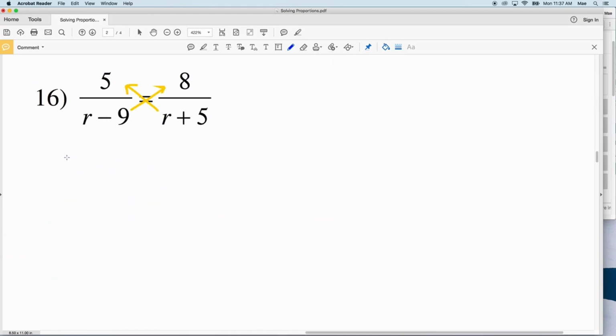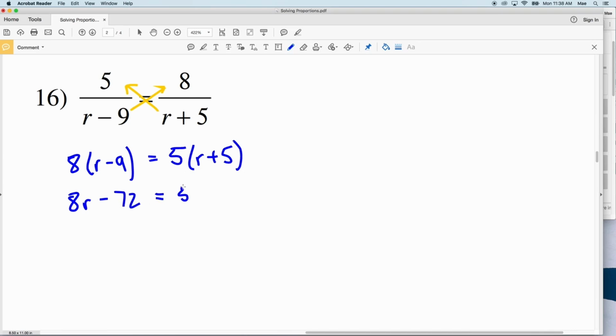In number 16, we have 8 times r minus 9, and that's equal to 5 times r plus 5. Distributing the 8, we'll get 8r minus 72. Distributing the 5, we'll get 5r plus 25. I'm going to subtract 5r from both sides to get 3r minus 72 equals 25.